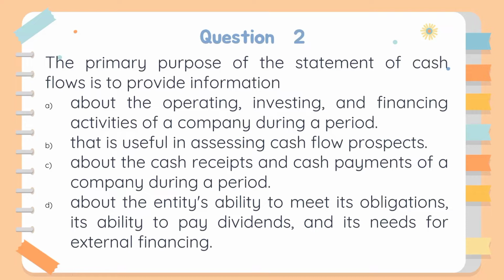B, that is useful in assessing cash flow prospects. C, about the cash receipts and cash payments of a company during period. Or D, about the entity's ability to meet its obligations, its ability to pay dividends, and its needs for external financing.